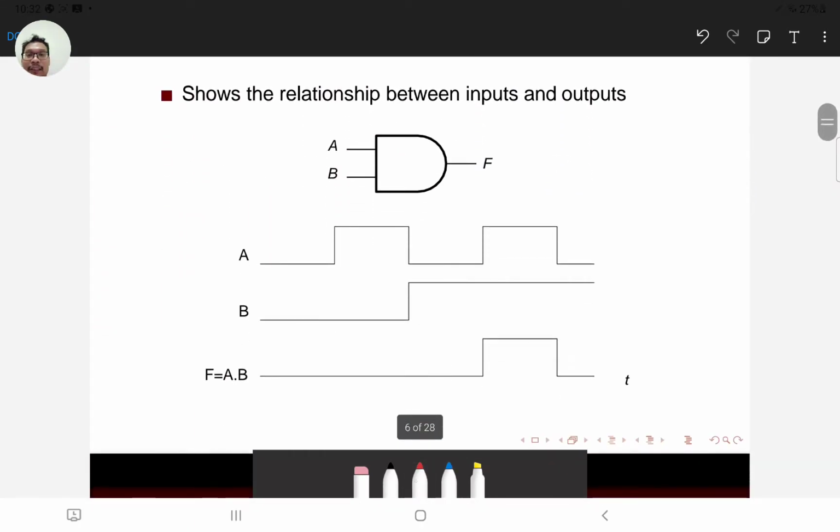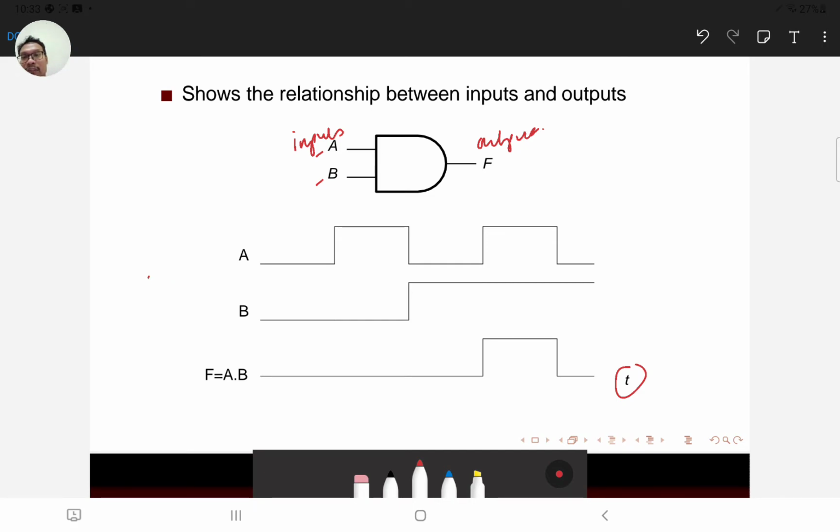A timing diagram shows the relationship between the input and output. For example, here we have the inputs A and B, and we have one output F, and here is time. On the x-axis we have the time, on the y-axis we have the inputs and the outputs.